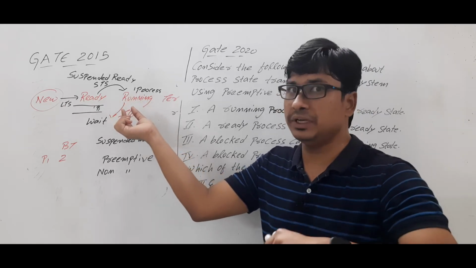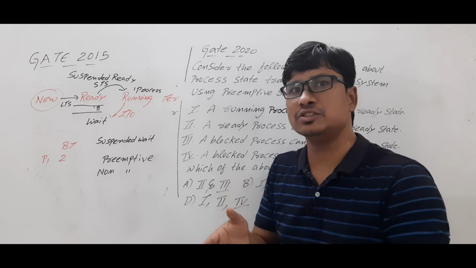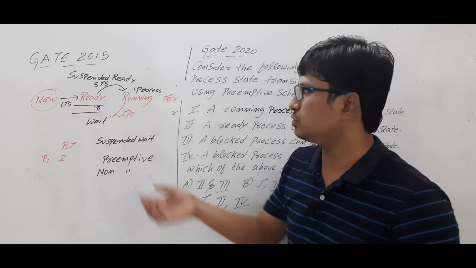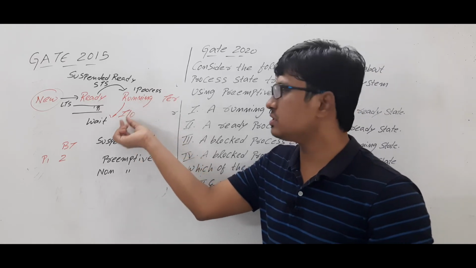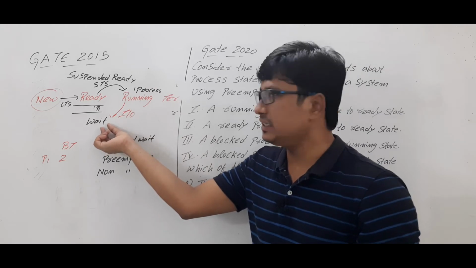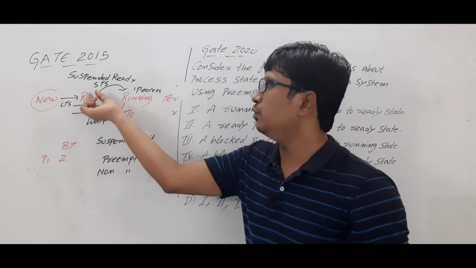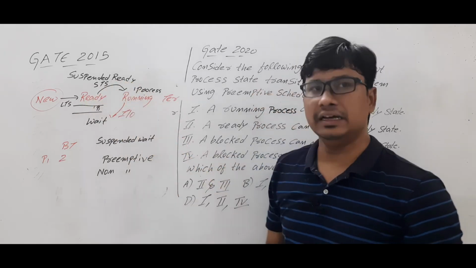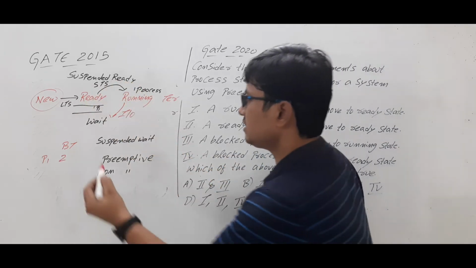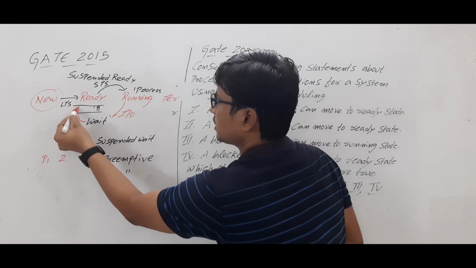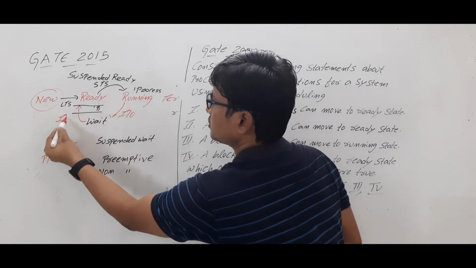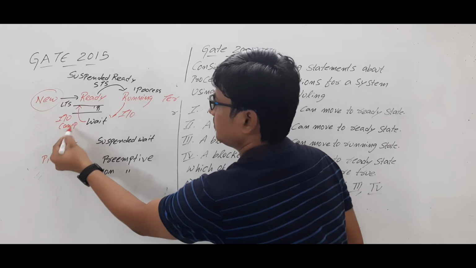We don't want to make the CPU idle; we want to utilize the CPU as much as possible. So we shift that process to the wait state. Then another process in the ready state is dispatched to the running state. Once the IO operations or IO requests are completed, the process will go to the ready state.